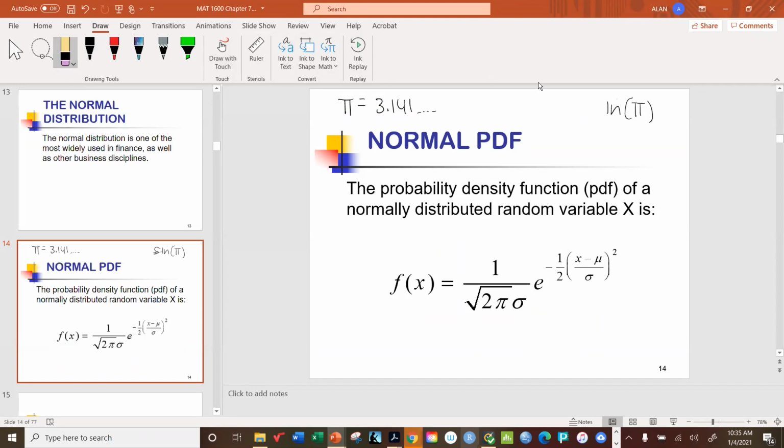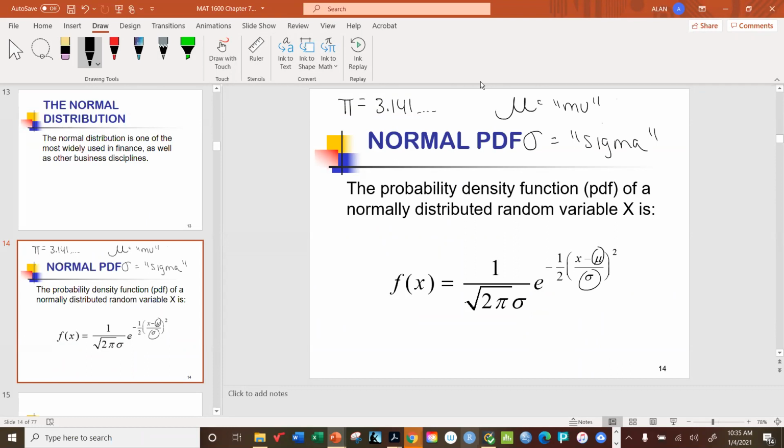Now, if you look here, you'll notice a couple of our old friends have come back to visit. Mu, that's of course the Greek letter mu, and this is our old friend sigma. Now, their meaning hasn't changed.